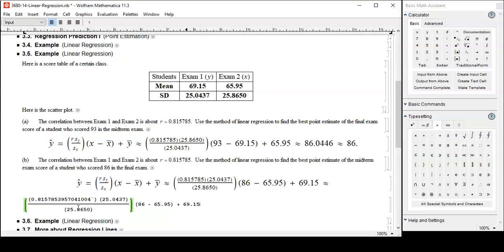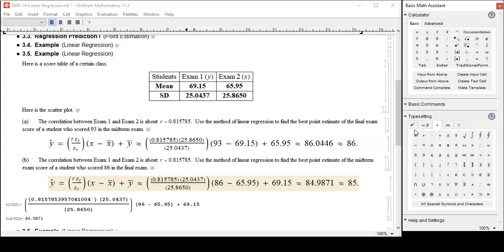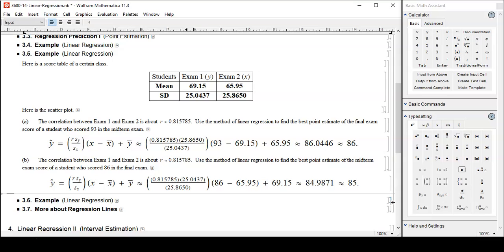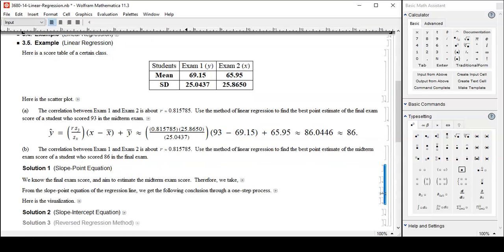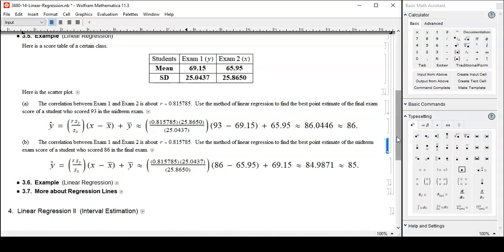You can use a handheld calculator, but I have a much faster tool. So I get 84.98 something, approximately 85. Let me check the answer. Yeah, 85 is correct.